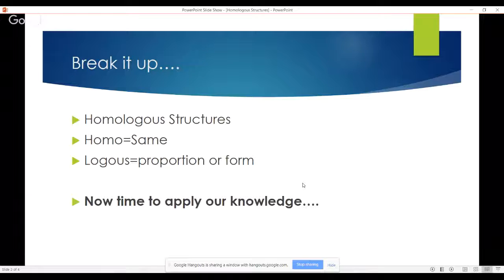So we're going to look at that definition and see if we can use it to help us determine what is homologous and what is not. I will have 4 pictures on the next slide, and I want you to take a moment to look at them, and using this definition, try and see if you can figure out which ones are homologous structures and which are not.